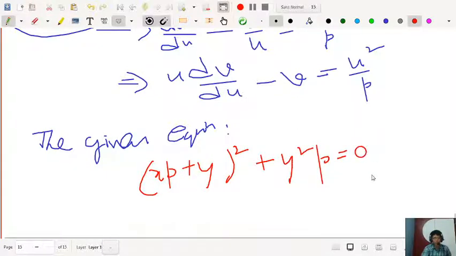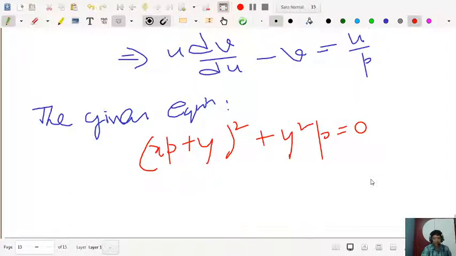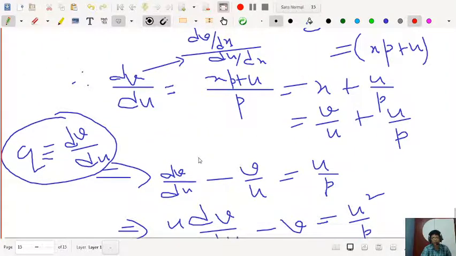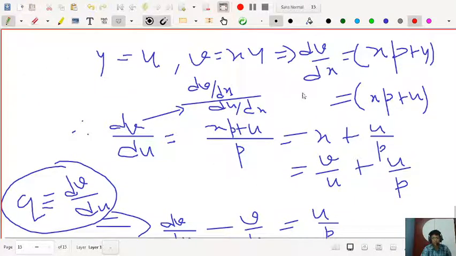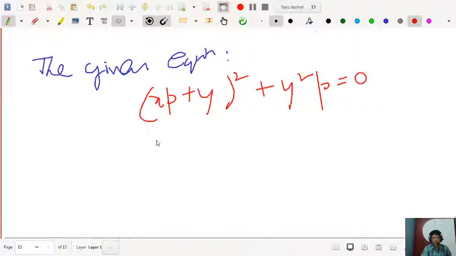Plus y square p equal to 0. So look at that, your xp plus y is given by dv/dx. So you have dv/dx here, (dv/dx) whole square.